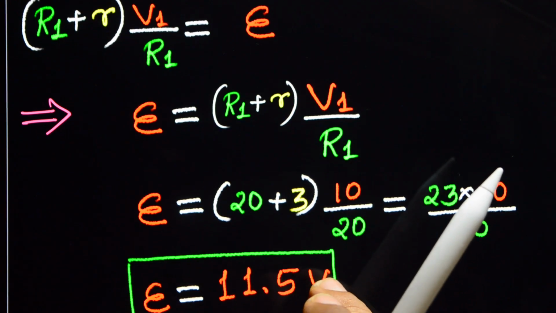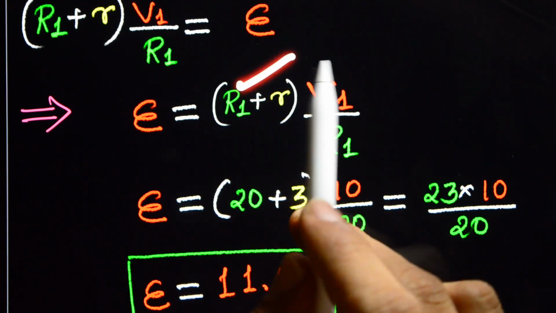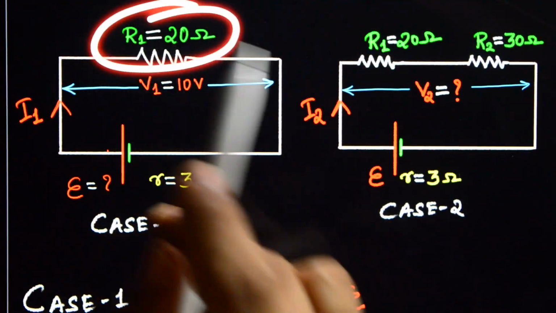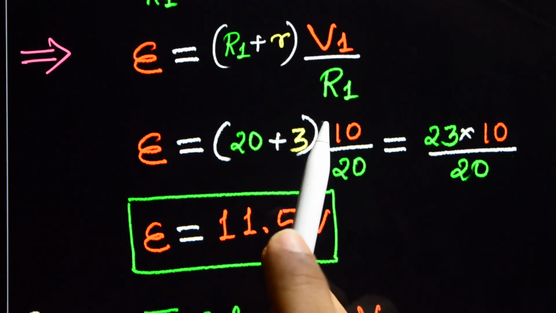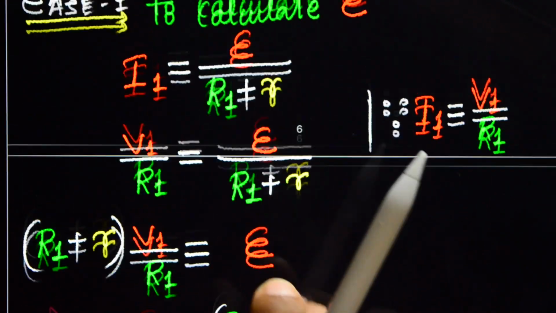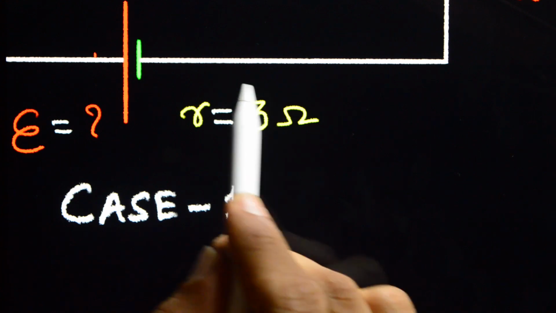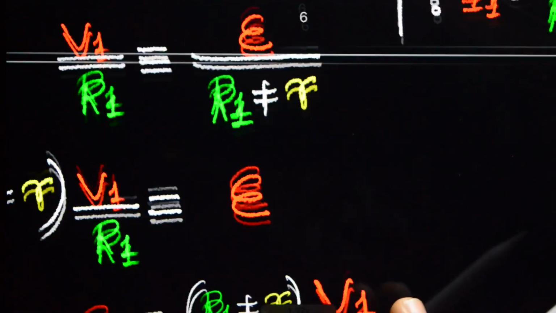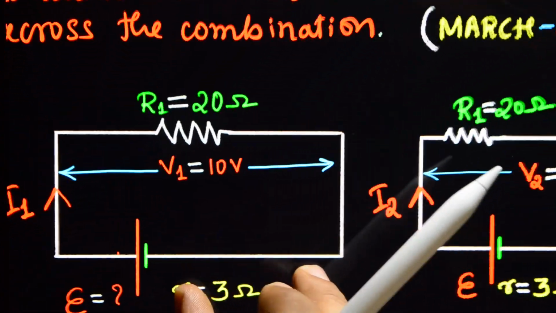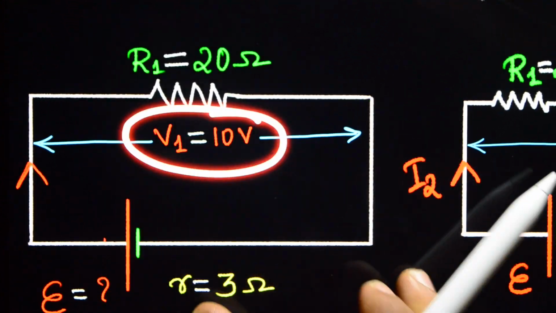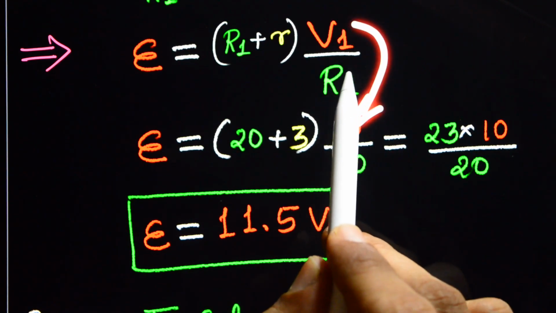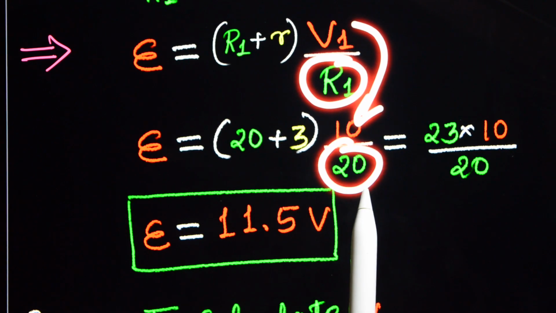Now substitute the values. R1 is the resistance of the resistor, that is 20 ohm. Small r is 3 ohm, the internal resistance of the cell. V1 is the potential difference across R1, that is 10 volt. And again R1 is equal to 20.